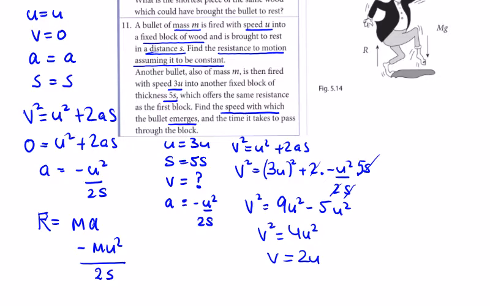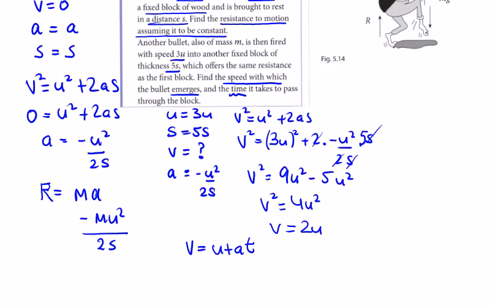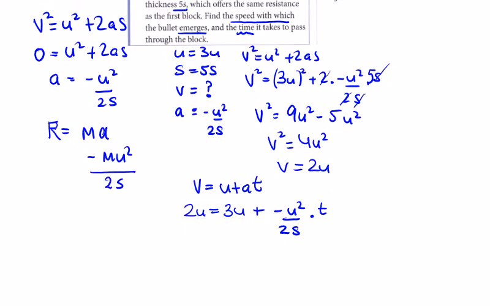We're asked to get the time as well, so v is equal to u plus at. We should have all the variables to get this. So v, my 2u, it entered at 3u. My acceleration is minus u squared over 2s, and I need to get time in terms of these other variables.